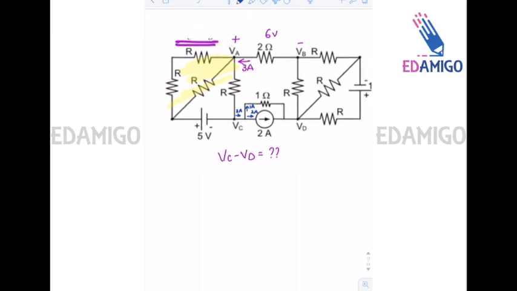Now this 1 ampere will flow through the 1 ohm resistance and it will create a voltage drop of 1 volt, and it will come back. 2 ampere will come here and 3 ampere will go here. So we can see that VC minus VD is the voltage drop between the two terminals C and D, and that is equal to the voltage drop across this 1 ohm resistance, and that is 1 volt.